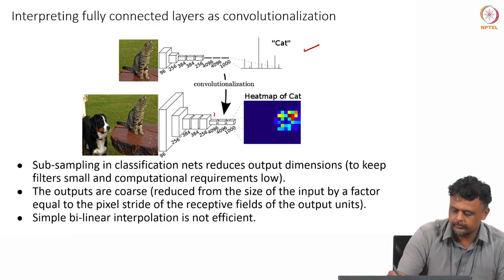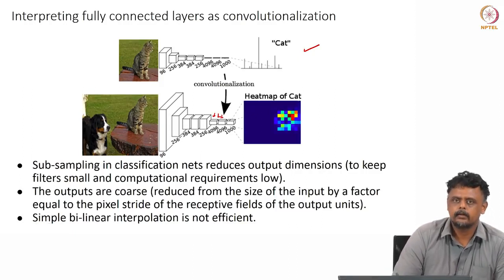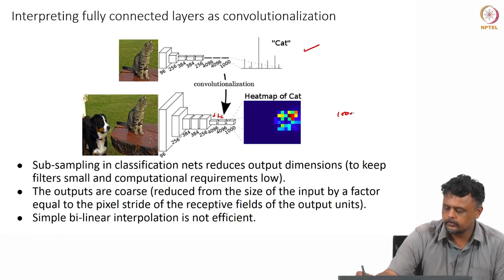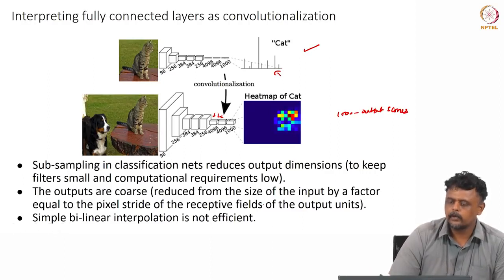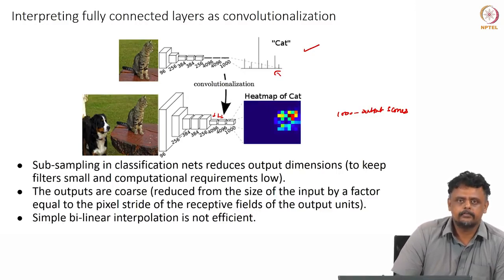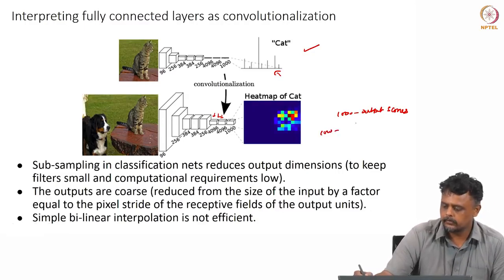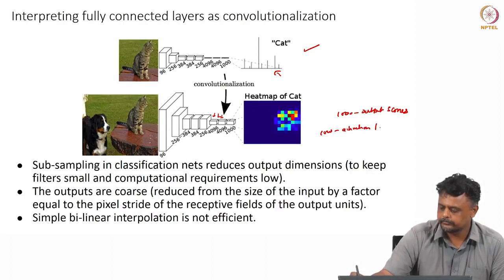These are feature maps, 4096 feature maps of particular size depending on your convolutional kernel, and we have these 1000 output scores. Now previously in the conventional CNN, these were just a single vector of size 1000, but in this case there will be 1000 what you call activation maps or score maps.